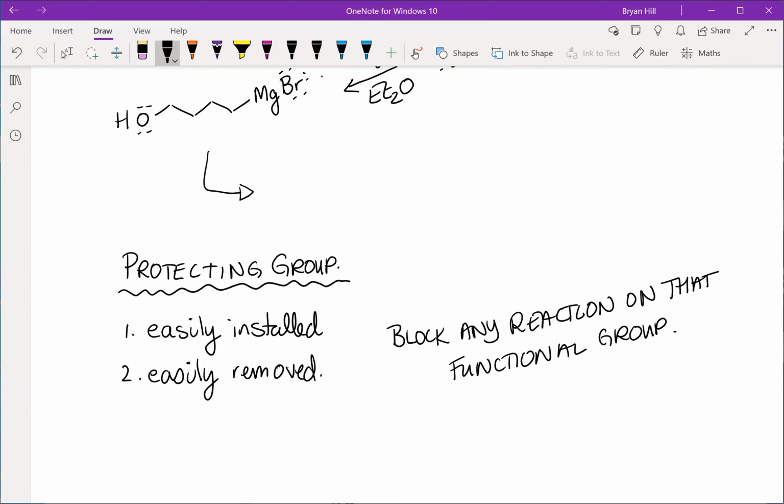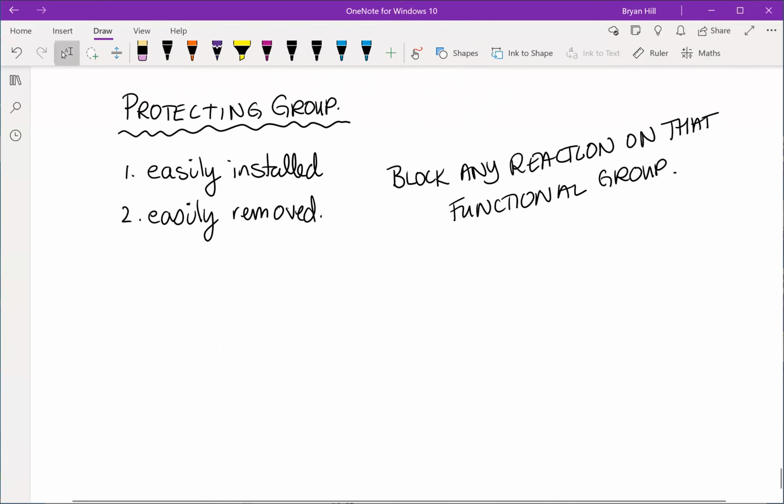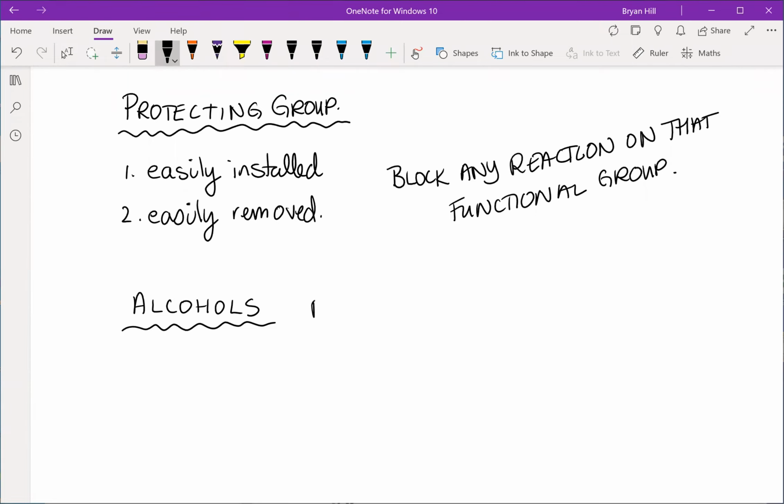So when I say that a protecting group is easily installed and easily removed, we are going to conserve that functional group for what we want to use it for. So in the case of alcohols, so ROH.